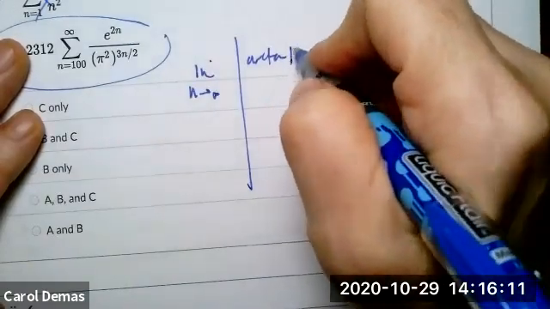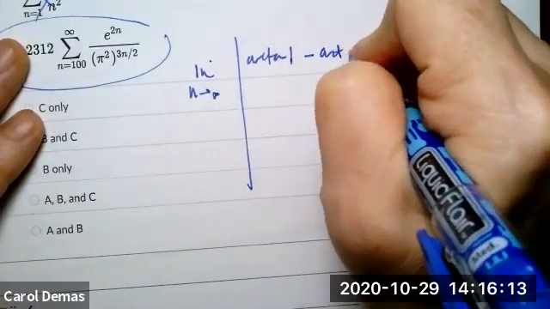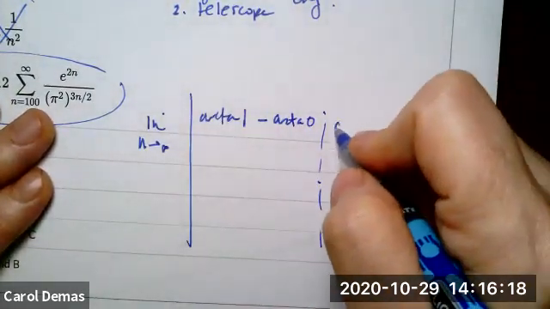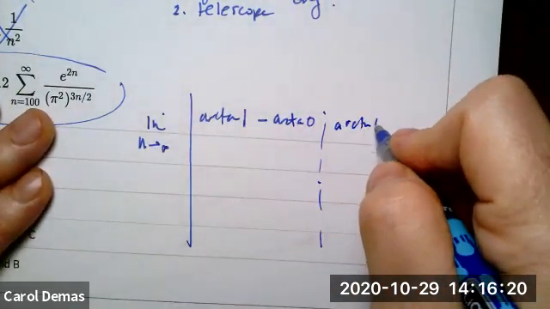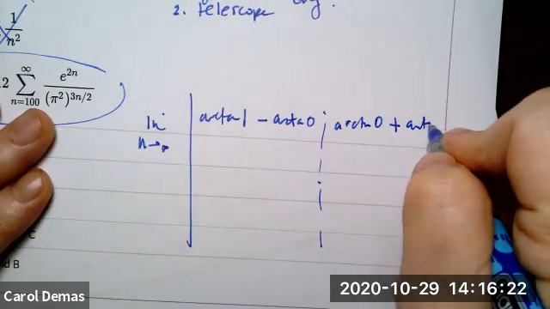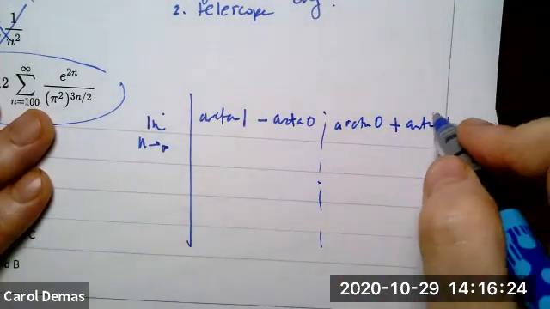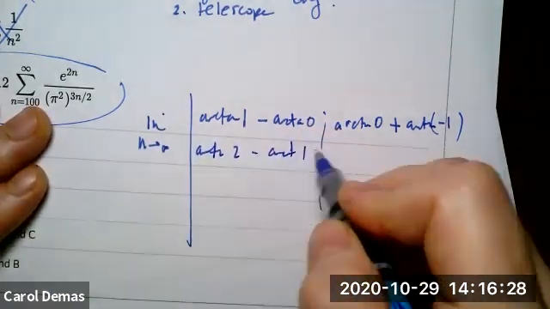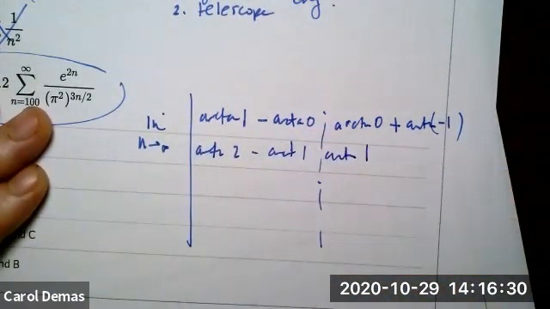So n equals 0, we have 1 minus arctan 0. And then we'll have arctan 0 plus arctan negative 1. And then arctan 2 minus arctan 1, arctan 1.